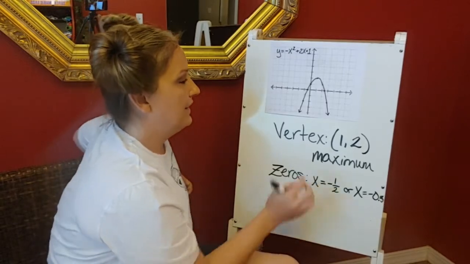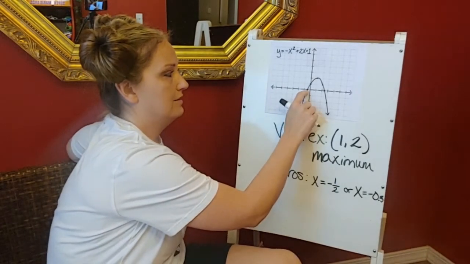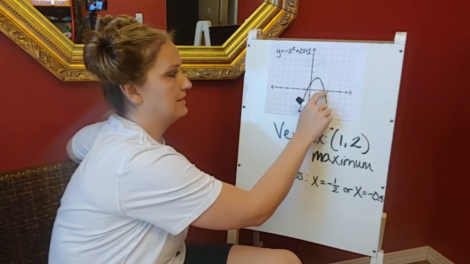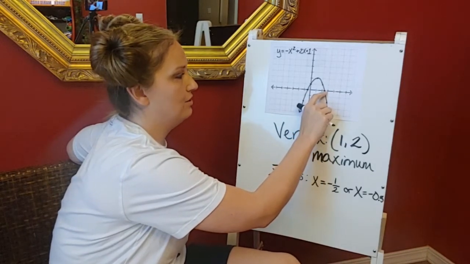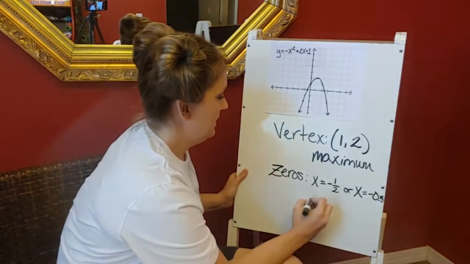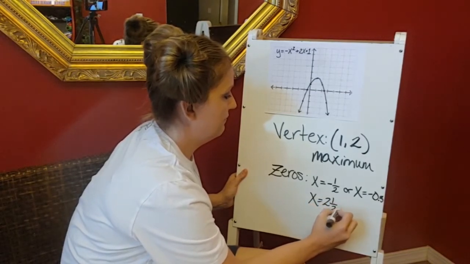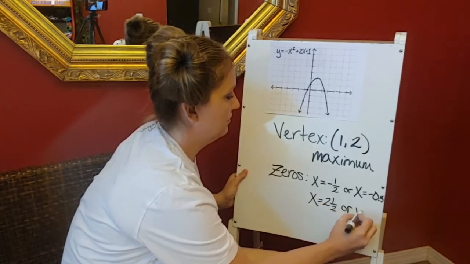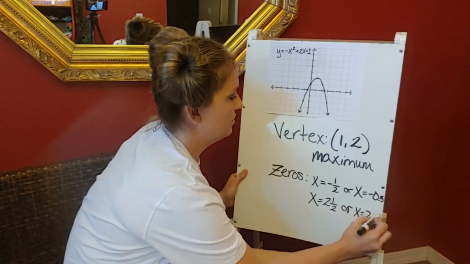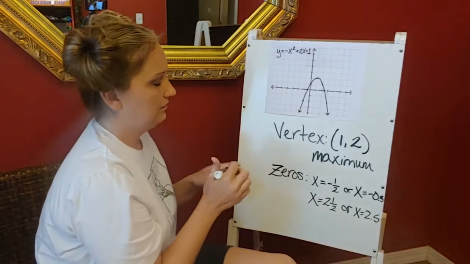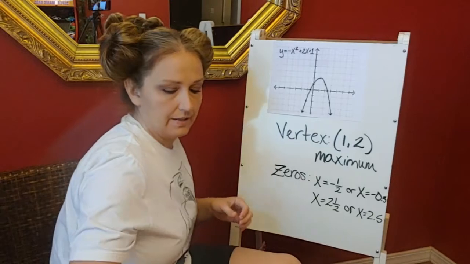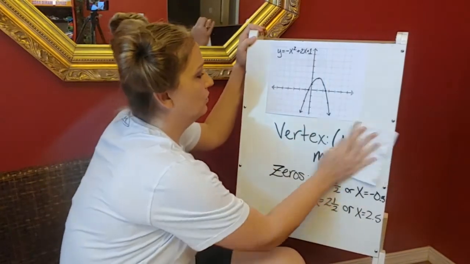That's my first zero, where it crosses the x-axis. My second zero is at about 2.5, so x equals 2.5. Okay, so there's my second graph. Let's look at one more.